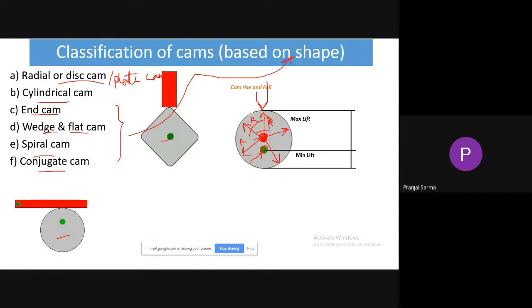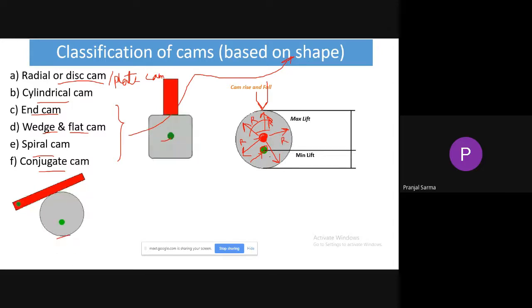The follower will just remain there, with only some friction and no motion, because there is no change. So if it is just a circle, it will not work.